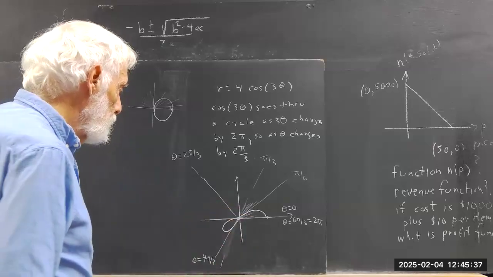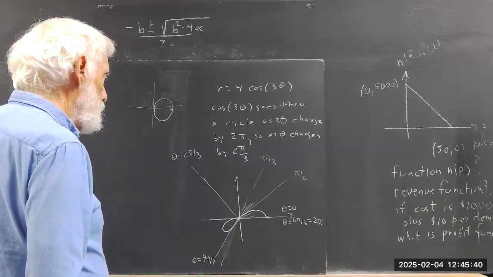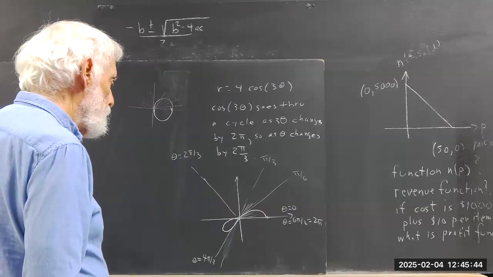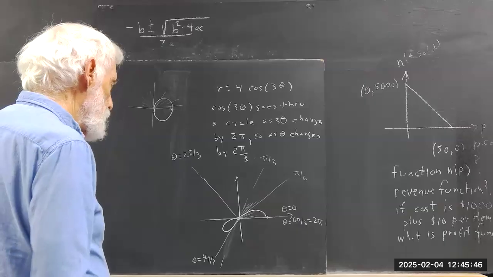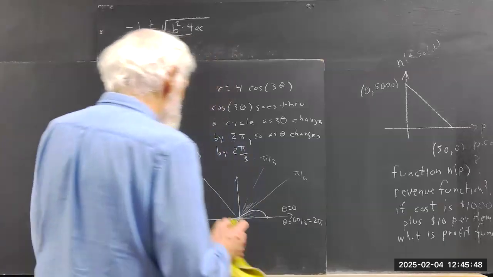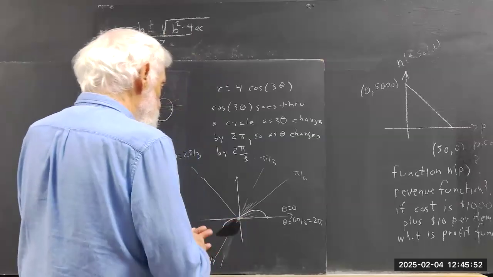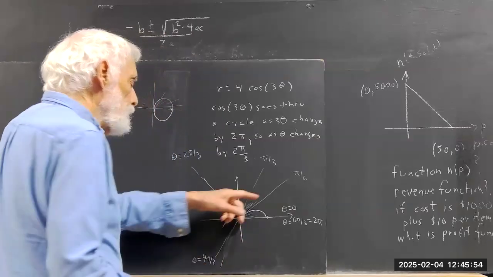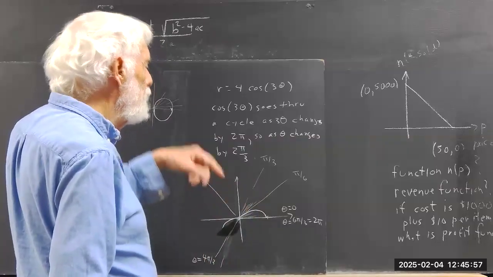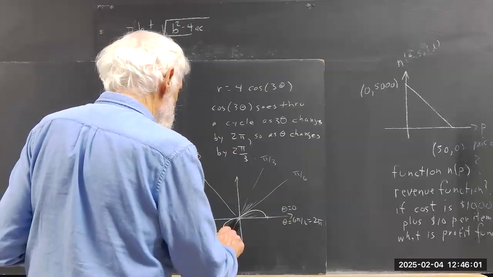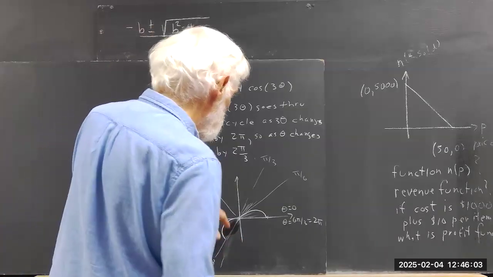So this is the loop for that, and I did that one. Again, as theta goes from pi over 6 to pi over 3, cosine is going to go from 0 to -1, not all the way back to 0. Okay.